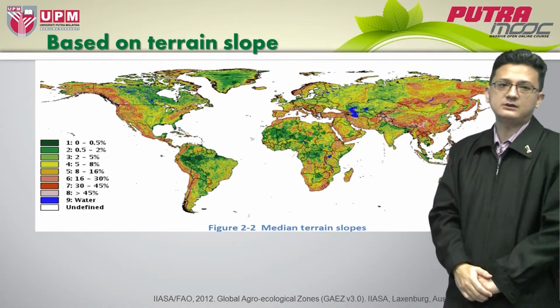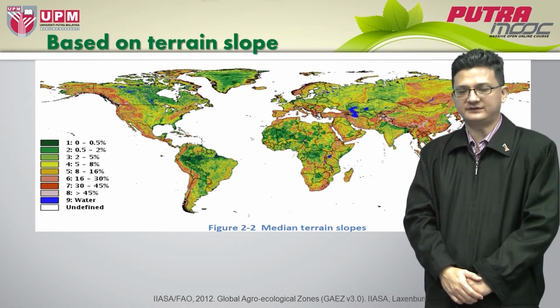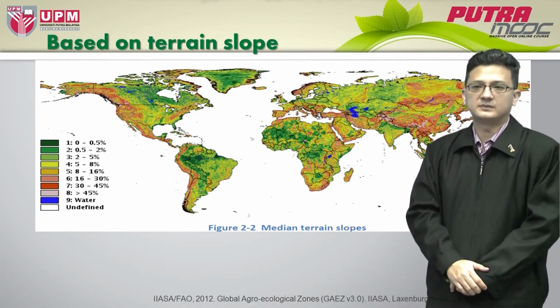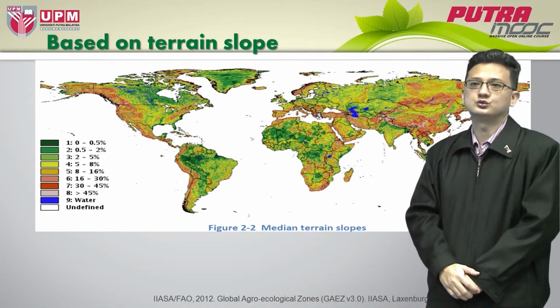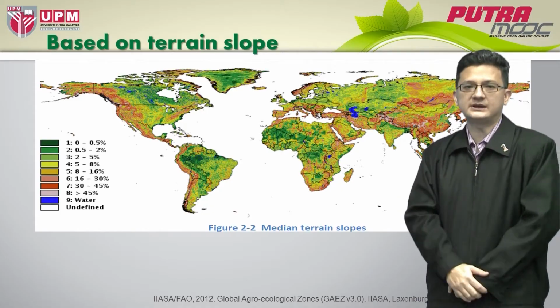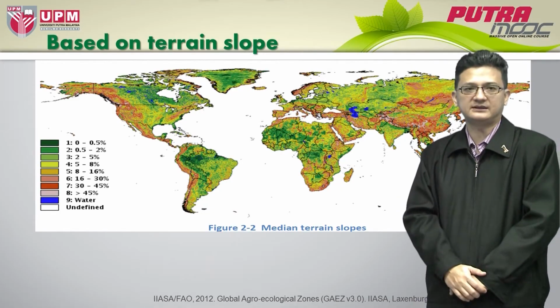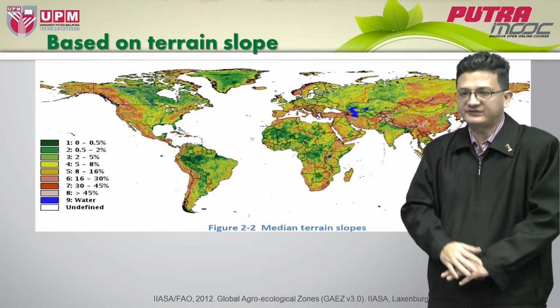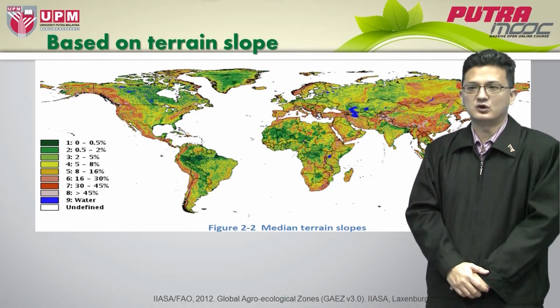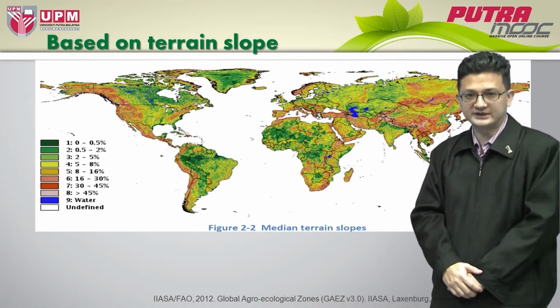Now, of course, the terrain will affect agriculture activities. The flatter it is, the easier to work the agriculture land. The steeper it is, erosion becomes a problem, and you have to have certain mitigation methods to prevent erosion, and it makes agriculture harder and more critical to environmental concerns.